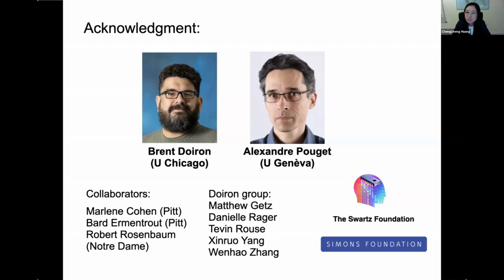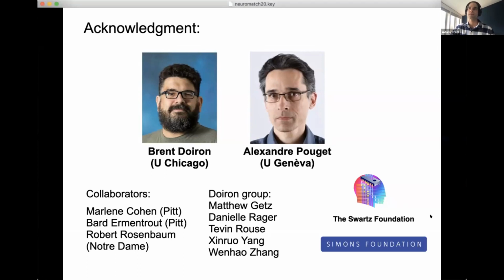David Damaris asks, can you clarify the input? Is it the response of a single oriented receptive field or an array of oriented fields? The input is just one Gabor image. Oh, I guess I just stopped the sharing. Sorry.